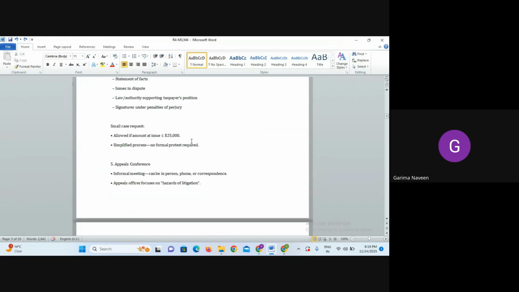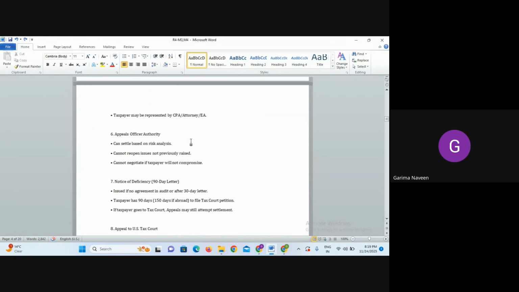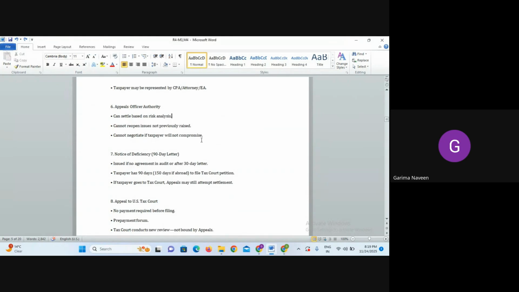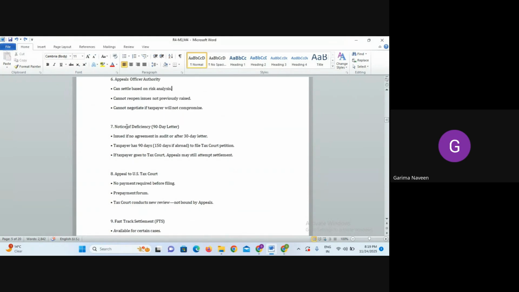Okay, in case you are not applying for appeal within 30 days, then the IRS will issue a notice of deficiency to you. A 90-day letter is basically issued. That means you have 90 days to start a tax litigation.